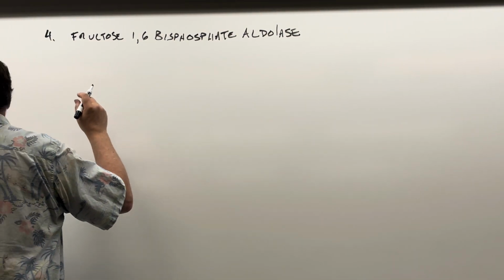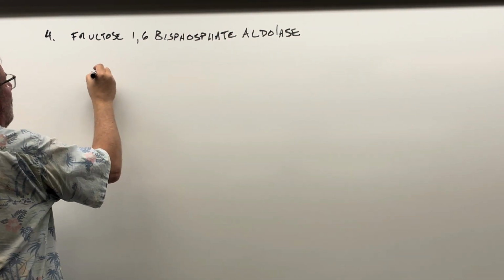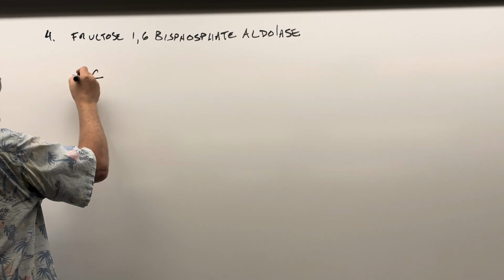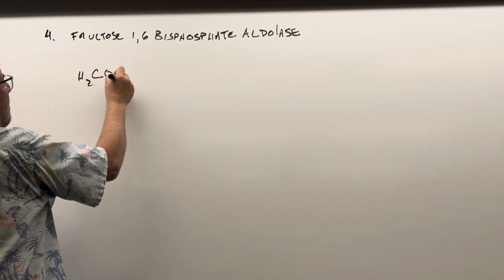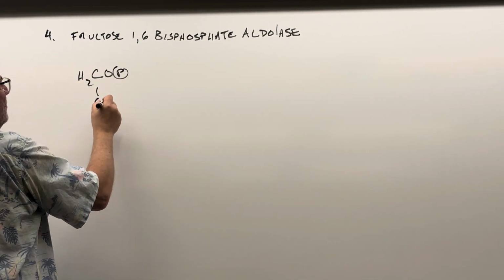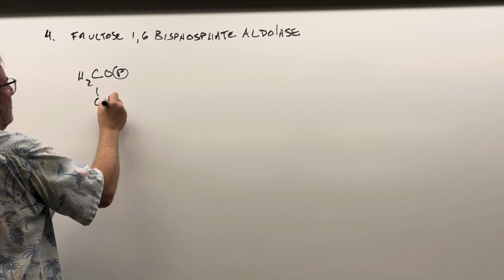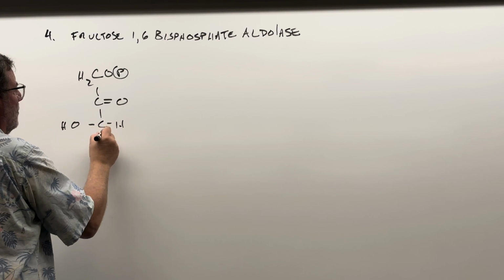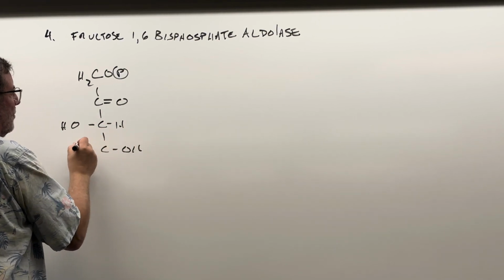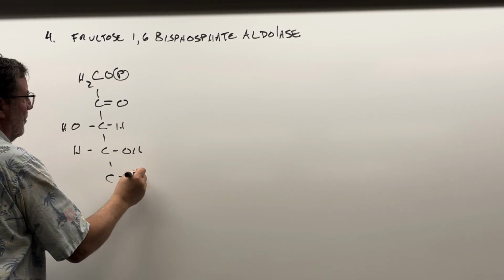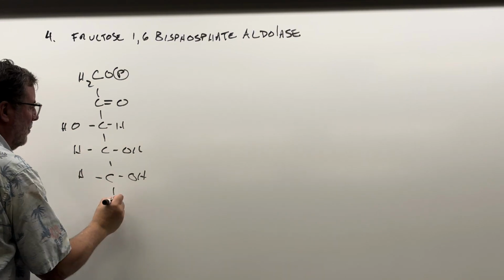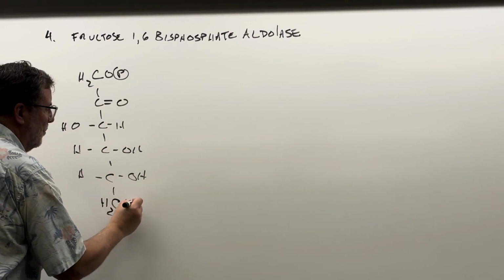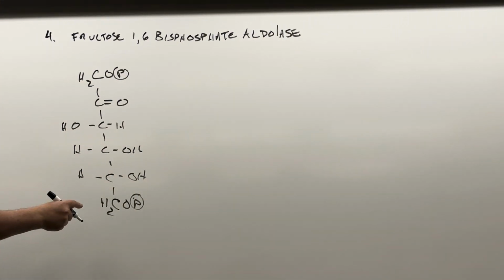And I'm going to go ahead and open this up, and I'm going to show it so we can get a little bit better idea. Okay, so this is the same molecule as this.